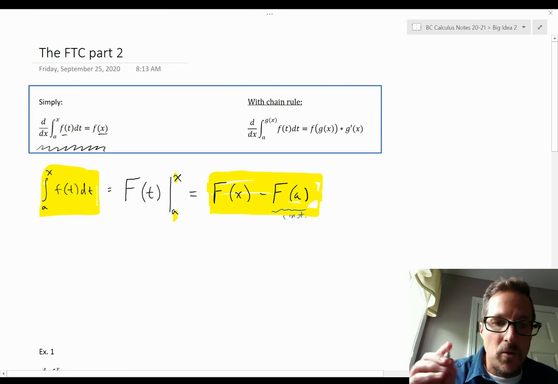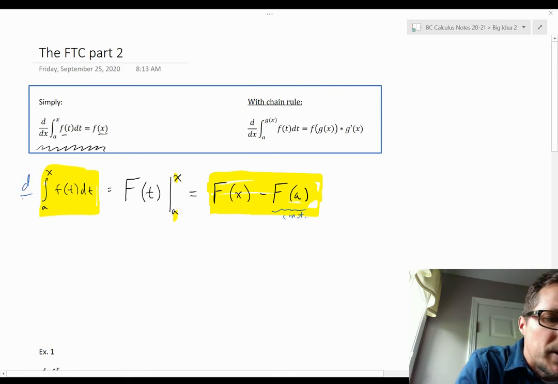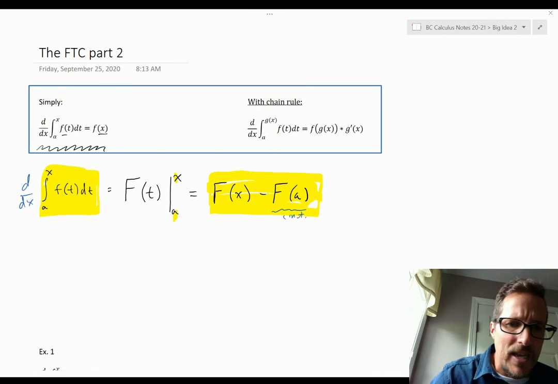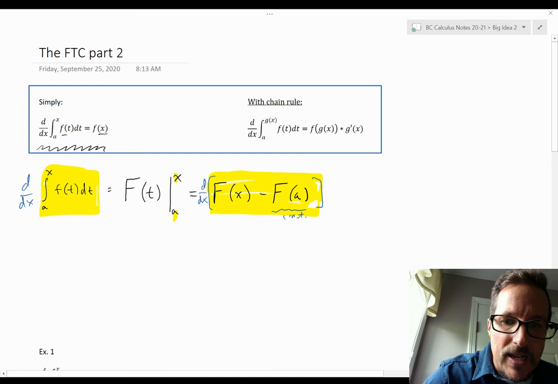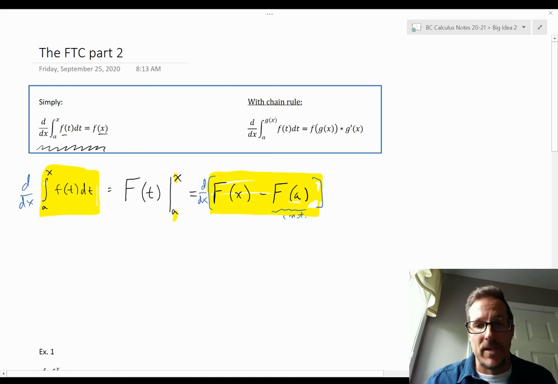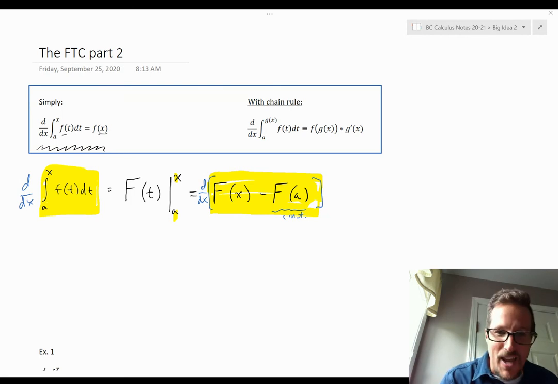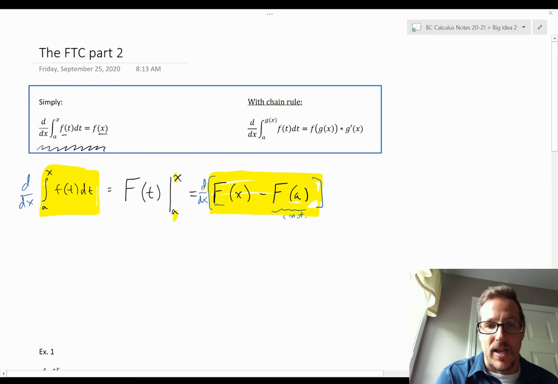Okay, so what we're going to be asked to do is to take the derivative with respect to x of this integral from a to x of f of t dt. But it's the same as taking the derivative of the expression that is cap F of x minus cap F of a. And what is the derivative of the antiderivative? We're just kind of like undoing it, aren't we? The derivative of the antiderivative big F is just back to the original little f.